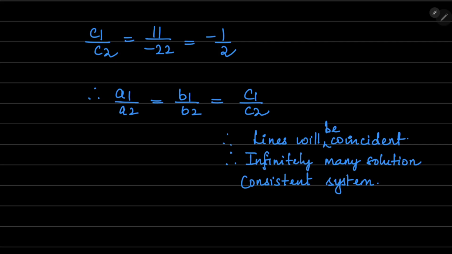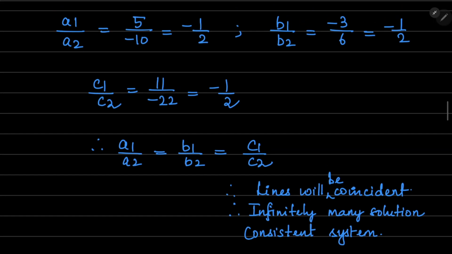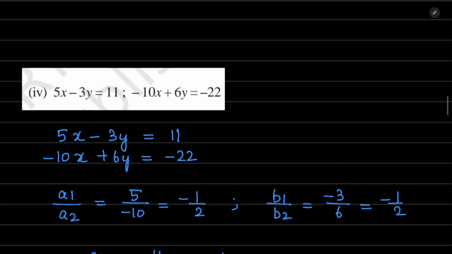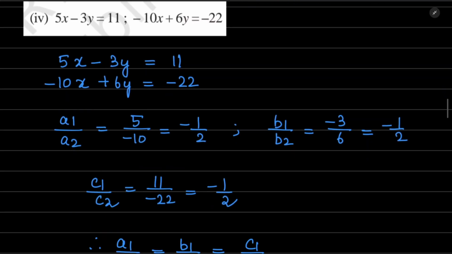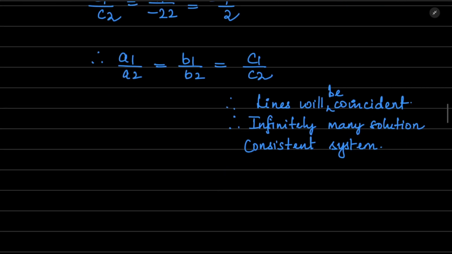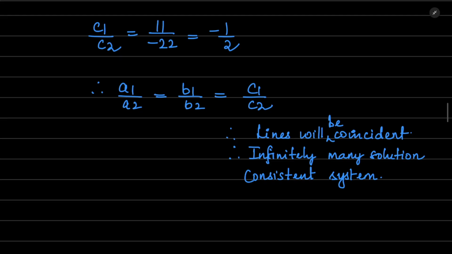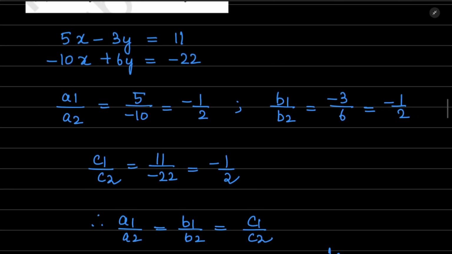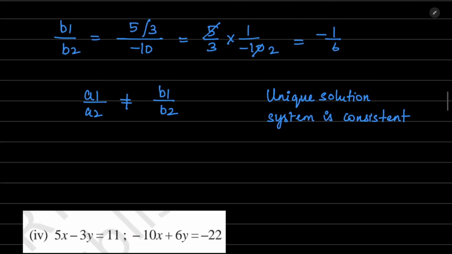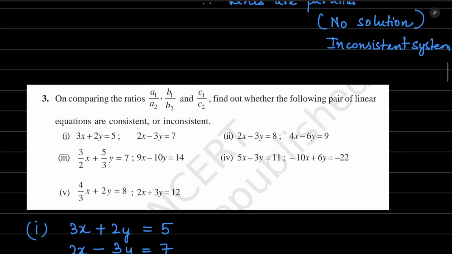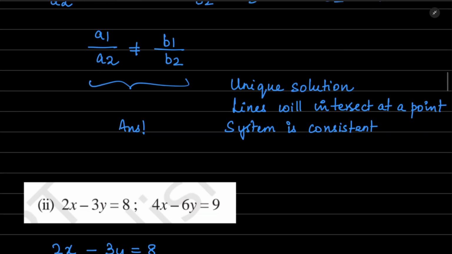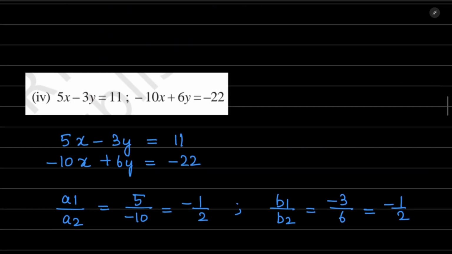So this is what you have to finally write. Depending on the ratios, you will have to identify whether the system will have a solution or not. If there is no solution at all, only then it is inconsistent. Hope you understood. So we have done 4 questions in this. And there is another question, the 5th question. Let's do the 5th question the same way.